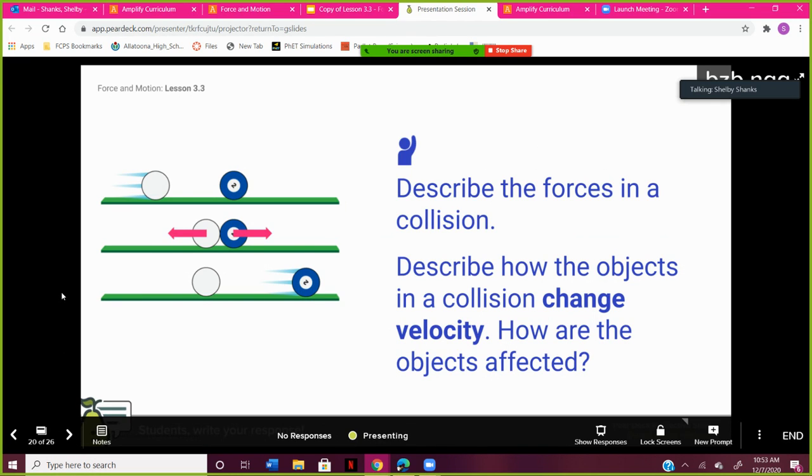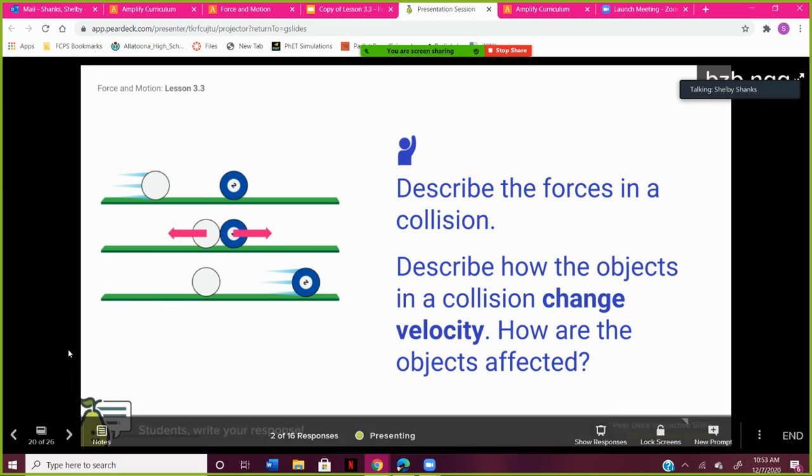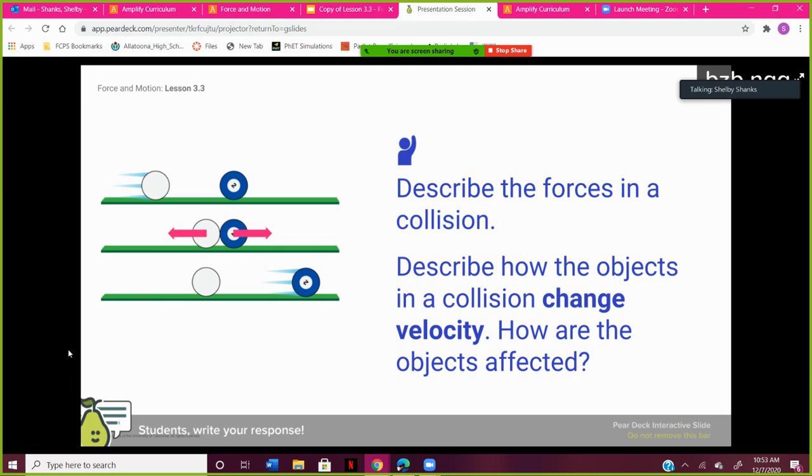So let's look at this picture. I think this is the last slide that we're going to be answering on. And so what I want you to do right here is to describe the forces in a collision, and then describe how the objects in a collision change velocity. How are the objects affected? All right, so we are answering our investigation question.